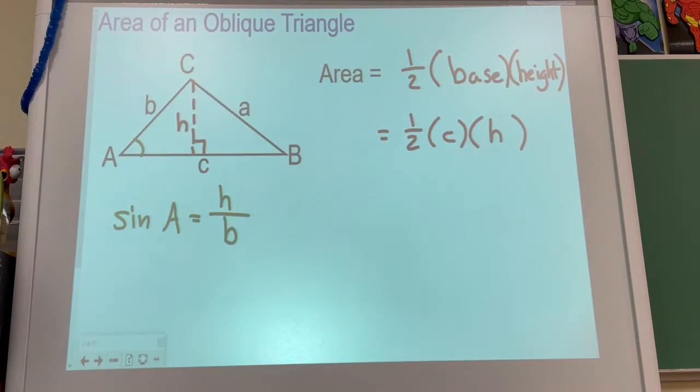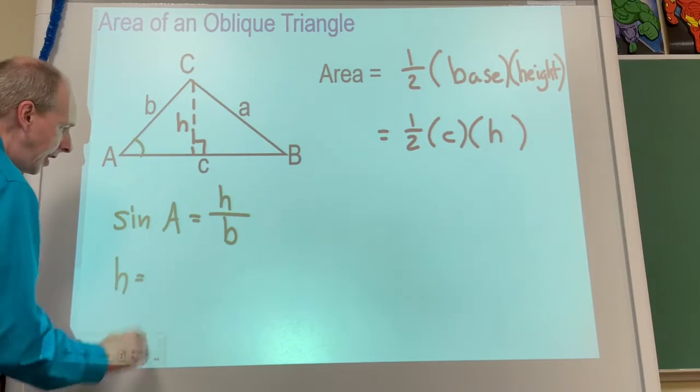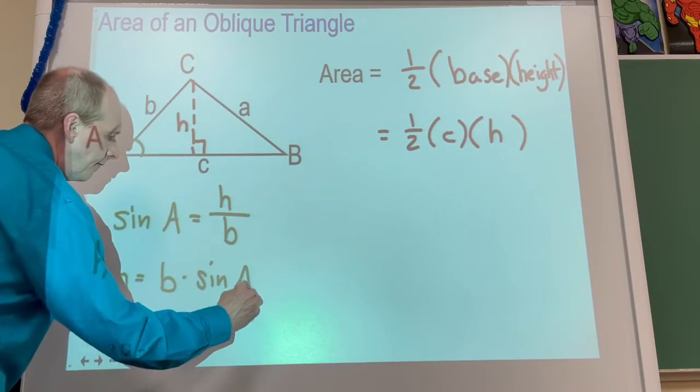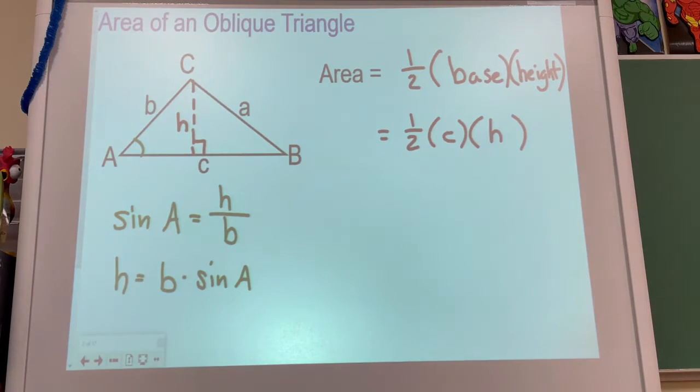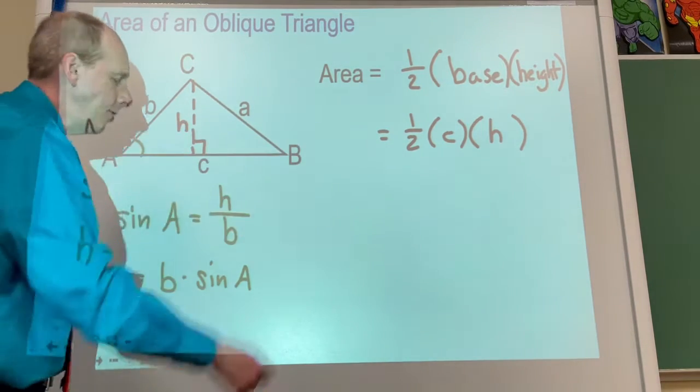Looking at this little triangle on the left-hand side, opposite h, hypotenuse b. Now solving this for h, I'd multiply both sides by b. So h would equal b times the sine of A. Now what? Let's go ahead and plug in b sine A for h.